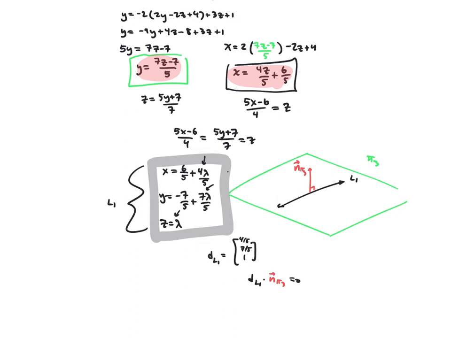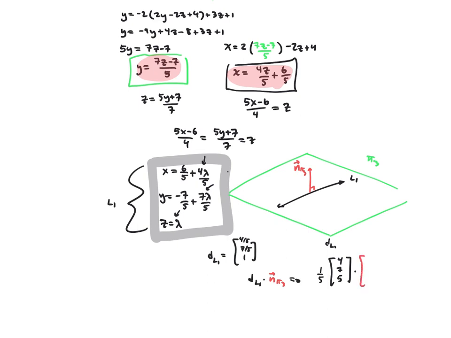Okay, so let's scale this direction vector to make the algebra easier here, because we're going to have to do a little bit of guess and check. I'm going to pull out a 1/5, which will make our direction vector for L1 4, 7, and 5. We're going to dot this with the normal vector from pi 3.